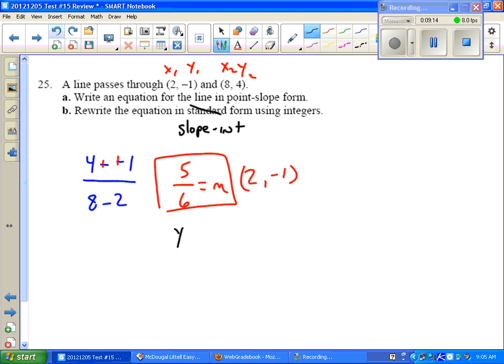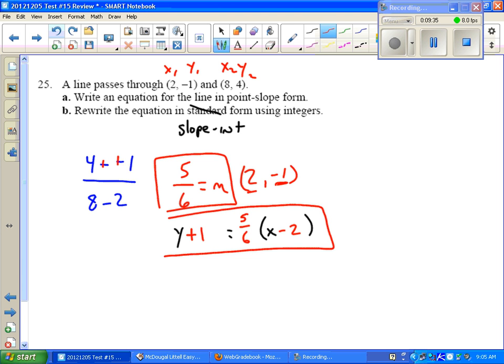Remember, you leave y, you leave equals, and you leave a parentheses with the first x in it, and we'll plug the rest of the values in. Y minus y sub 1 will be minus a negative 1, which means plus 1, equals, we just found our slope value to be 5 over 6, times x minus x sub 1, which is 2. So x minus 2. This will be point slope form. That's what you have to do for A.